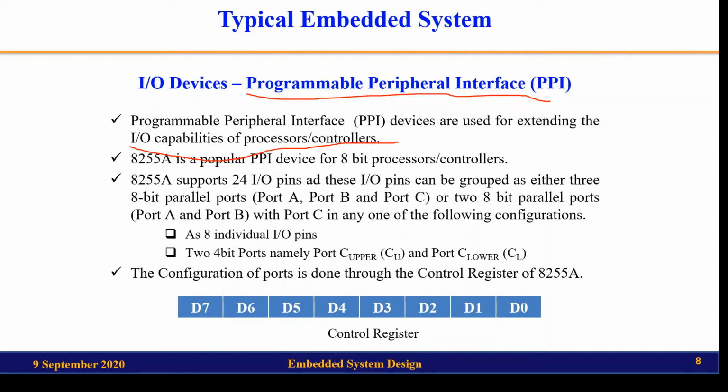8255A is the popular PPI device for 8-bit microprocessors and controllers. Generally, for 8086, which is a 16-bit microprocessor, 8255 is used as the PPI for getting the input-output ports. 8255 supports 24 I/O pins, grouped as three 8-bit parallel ports: A, B, C. That means port A has 8 pins, port B 8 pins, and port C 8 pins, so total 8 into 3, 24 I/O pins.